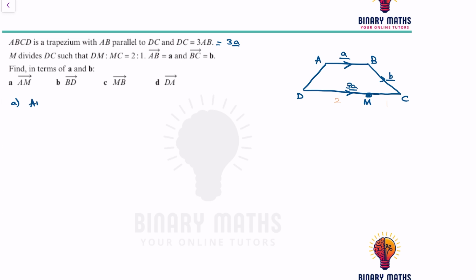First question, find A to M. A to M is equal to A to B plus B to C plus C to M. Now A to B is just A, B to C is just B, C to M is a third of 3A, which is just A. So we end up getting A plus B plus A, which is 2A plus.